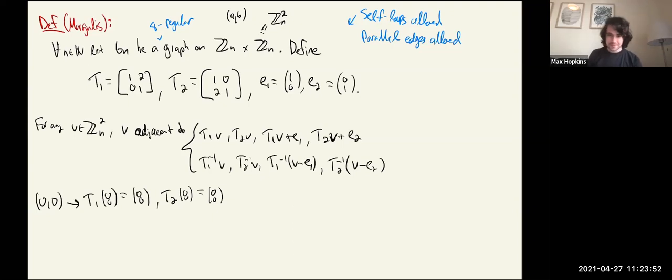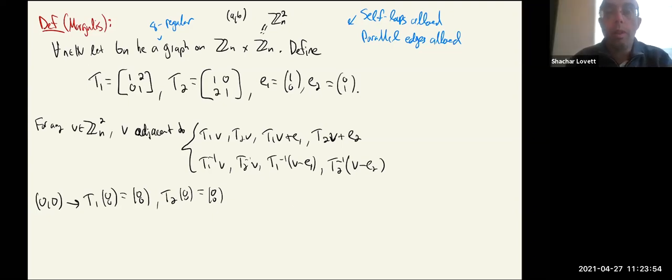Maybe one way to think about why this definition might make sense is that these operations do not commute. So the idea is that if you apply them multiple times, you should move around this graph and never come back to where you started, for some algebraic reasons. If that's the case, then this should be an expander.